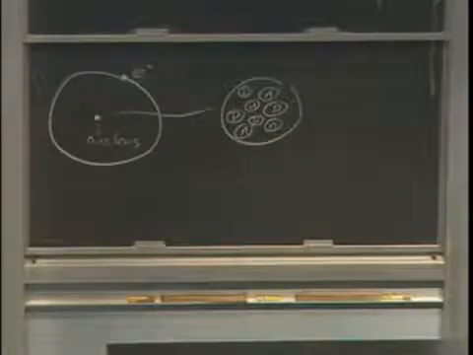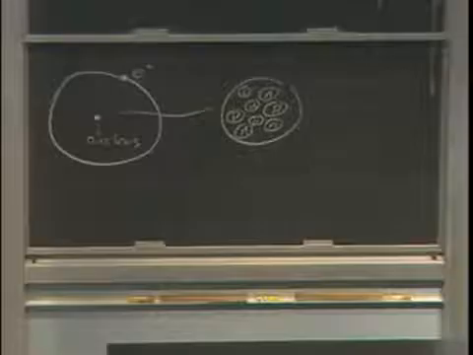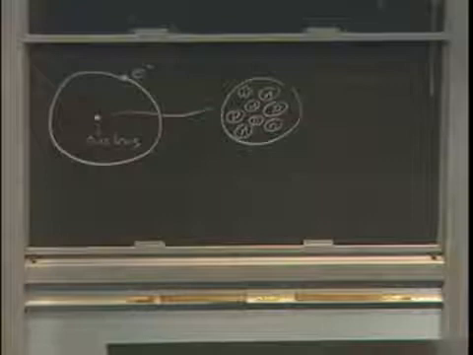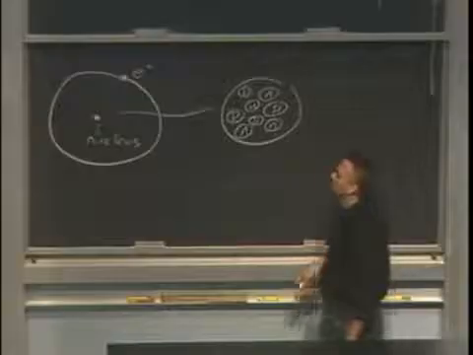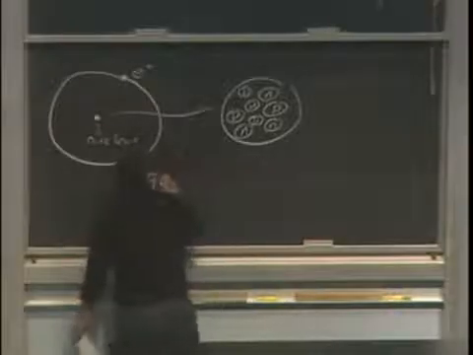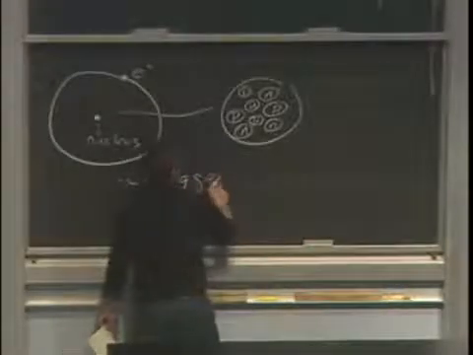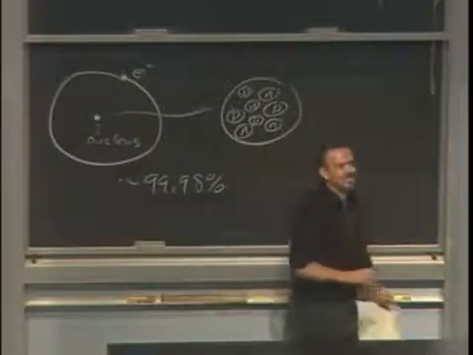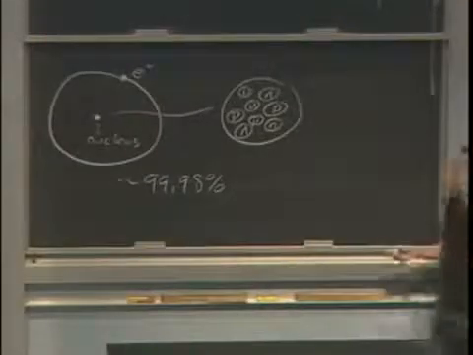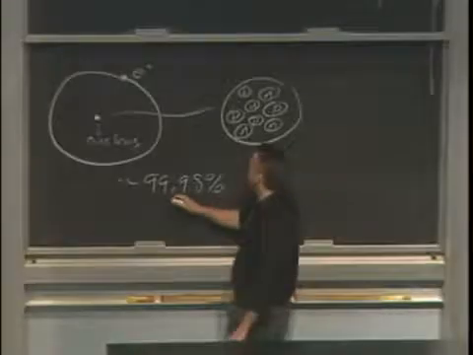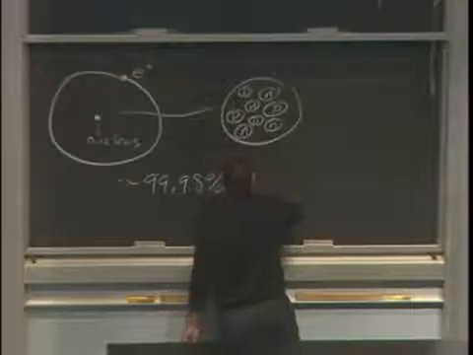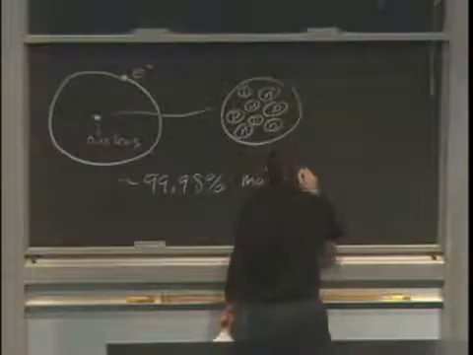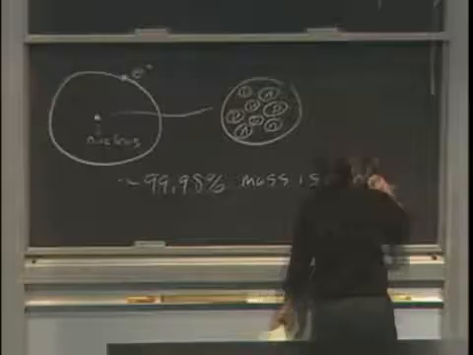So that's the core. Now the mass: remember the electron is about 2,000 times less massive than the proton. Neutrons and protons have almost identical masses. So typically for an atom, over 99.9% of the mass is concentrated in the nucleus.